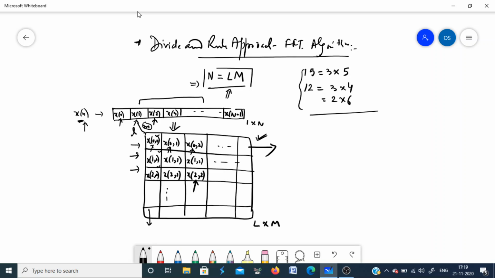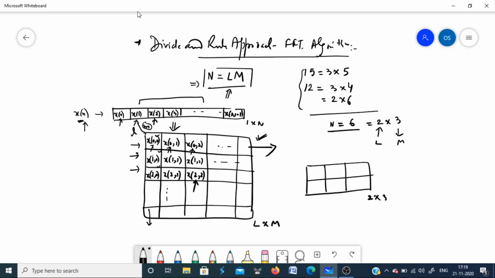Suppose I take a very simple example. If N is 6, and I decompose it as 2 into 3, L and M, so 2 is L and 3 is my M, you have a two-dimensional matrix having 2 rows and 3 columns, 2 by 3.